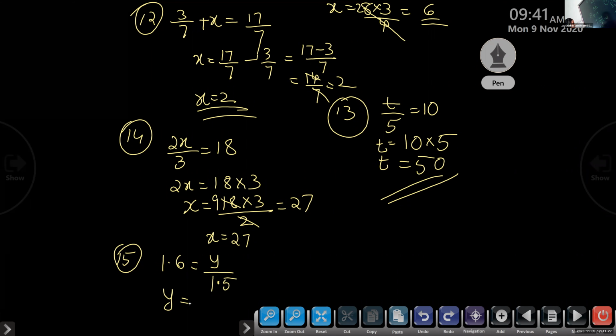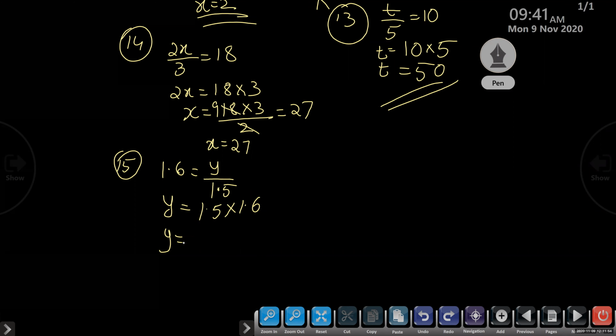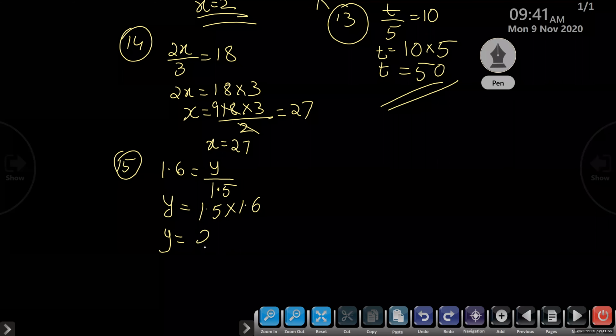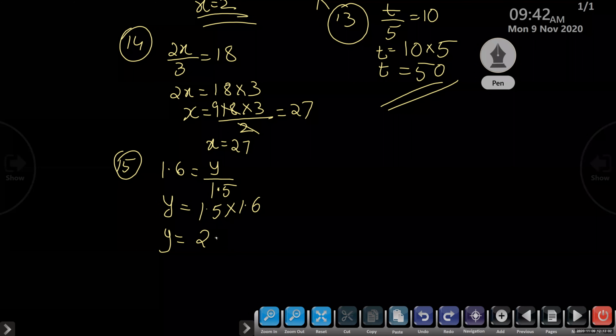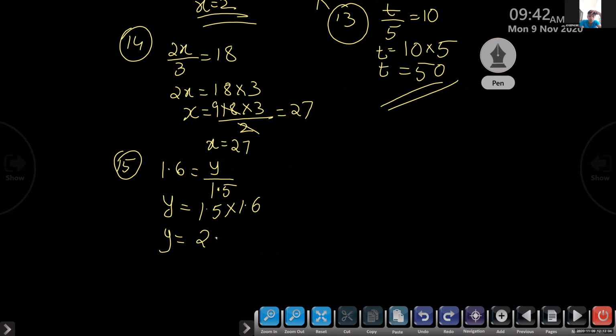Multiply 1.5 into 1.6 and find how much y is.